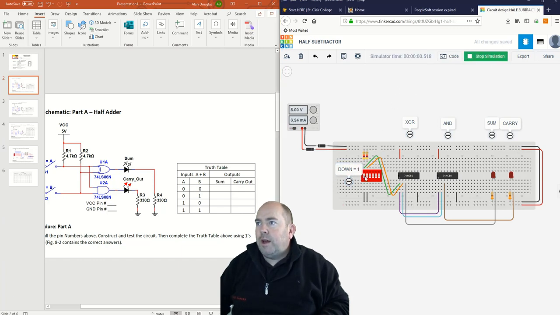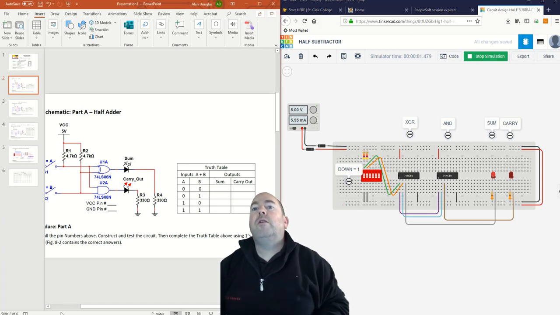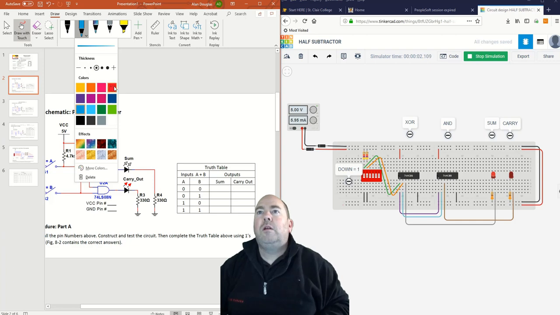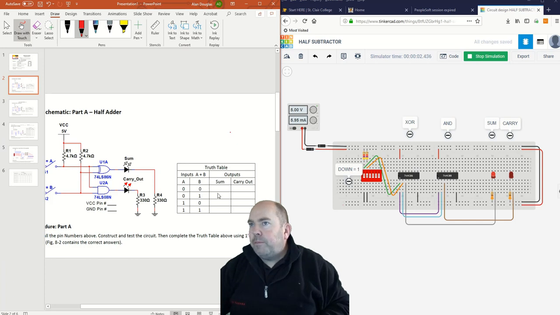I put a little note here. It says the down position of this switch represents a 1. So I'm going to do my A here. 0, 0 gave me a 0 and 0.